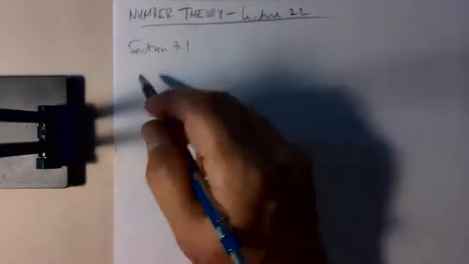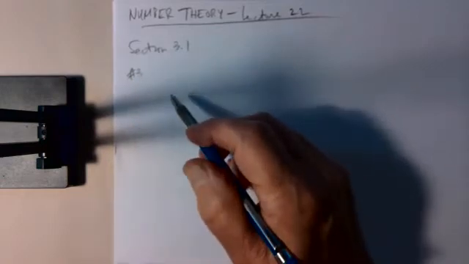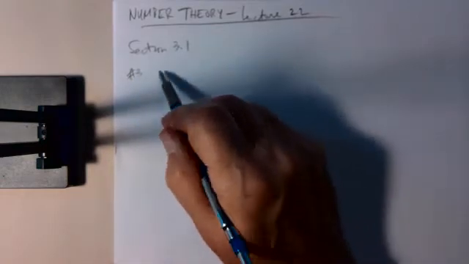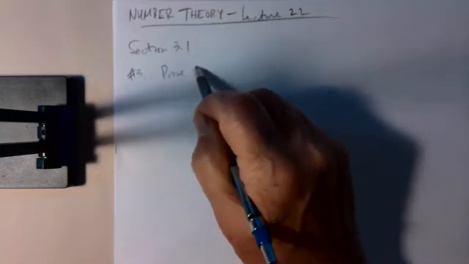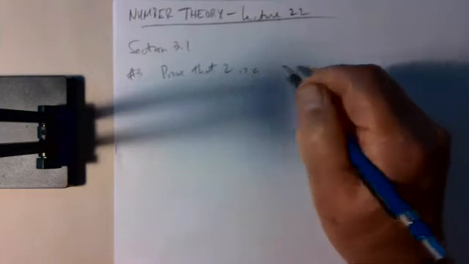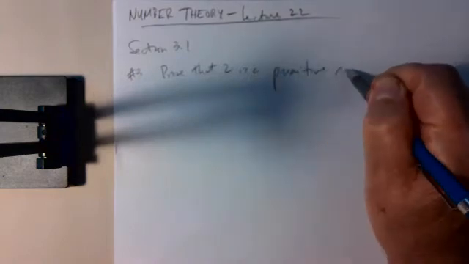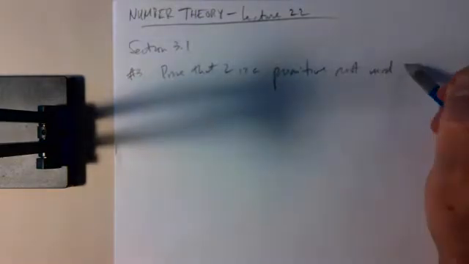So let me look at number 3 first. So number 3 is to prove that 2 is a primitive root modulo 101, which is a prime number.